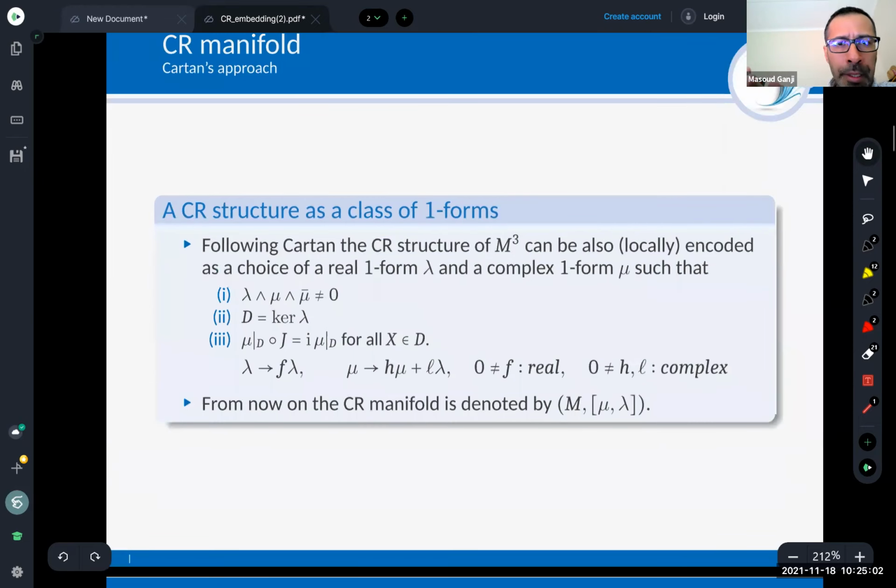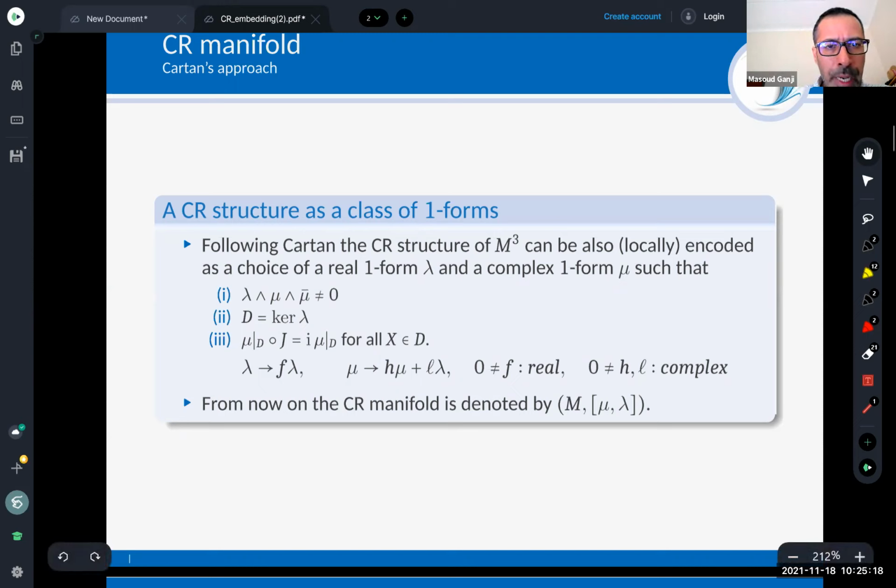CR structures can also be defined in terms of forms. Actually, Cartan defines it in this way. Physicists like Nurowski and Lewandowski like that because they are very good at working with forms.